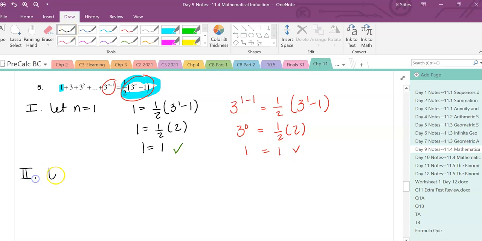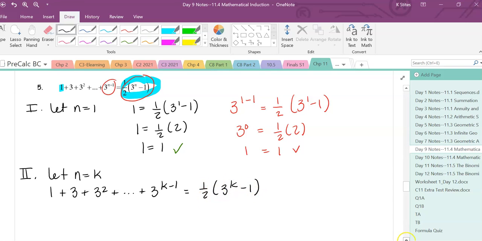Okay, so next we're going to let n equal k. All right, so let's go ahead, let's plug k in. So this is 3 to the k minus 1 equals 1/2, 3 to the k minus 1.